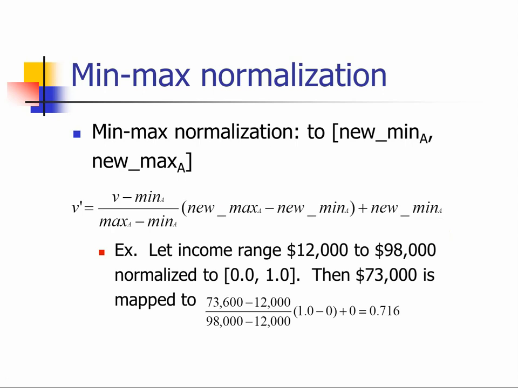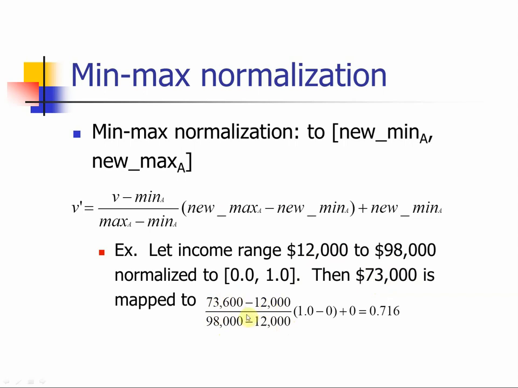So let's look into an example directly. Say the income ranges between 12,000 and 98,000. That is the income range, and we want to normalize all the values in between. Because this is the minimum and that's the maximum, we want to normalize everything into 0 to 1. Now for an income of 73,000, you use this value minus the minimum value, divided by maximum minus minimum, which is the whole range in this attribute.